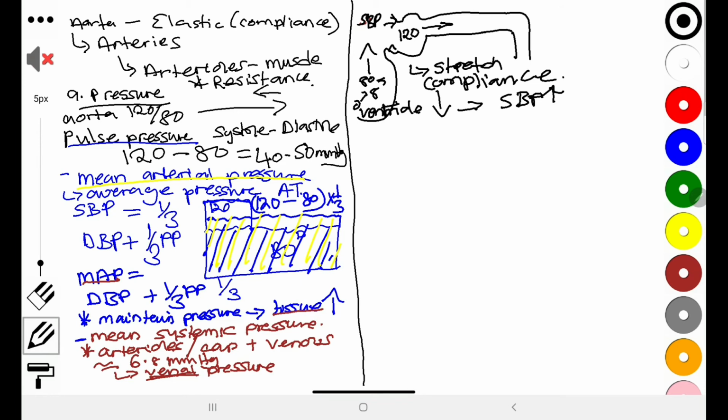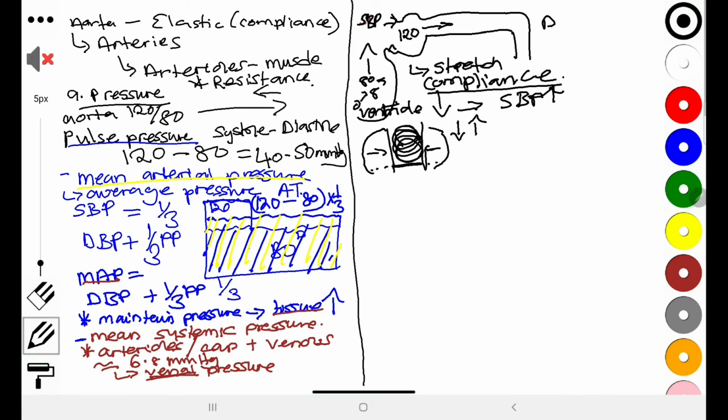Okay, take it really slow here. So if compliance goes down, it means that it's not able to stretch as much. So if something is not able to stretch as much, the area here is going to reduce, and there's going to be a lot of pressure due to blood being in a limited space rather than the space it would have been if it actually stretched. So again, if compliance reduces, you have an increase in systolic blood pressure.